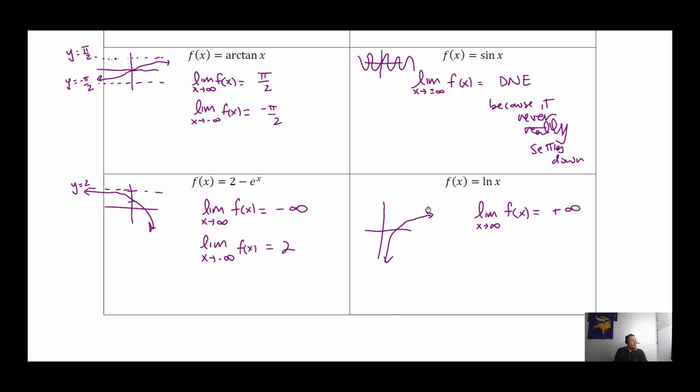And to the left, the limit as x goes towards negative infinity is going to be something not defined because we're never allowed to stick any number less than 0 into the ln function. So in this direction, DNE, because it's not even defined. The domain of ln of x is 0 to infinity.